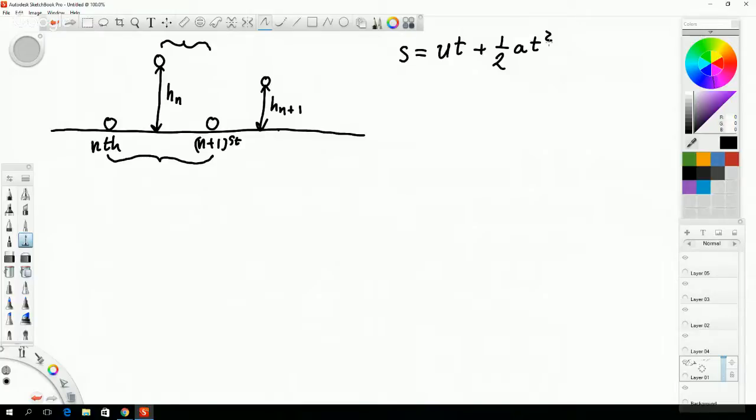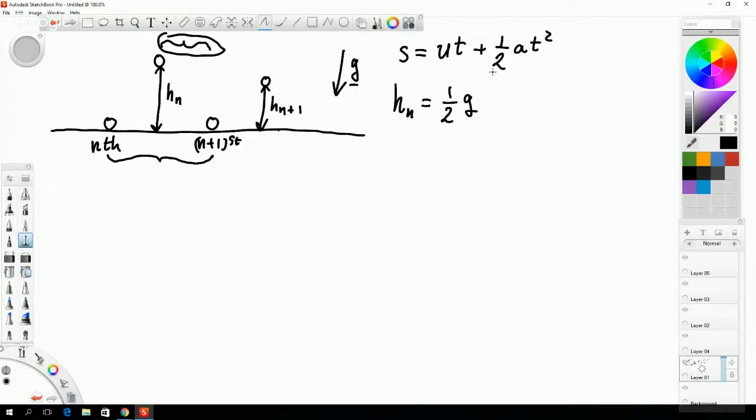In our situation, we're looking at the time frame here. We know what s is because the ball will of course have traveled hn down. We know what u is because it starts with 0 speed, so u equals 0. So we're only left with 1/2 at squared. a is of course g, because gravity is the only force in the problem, and then we have this t squared.